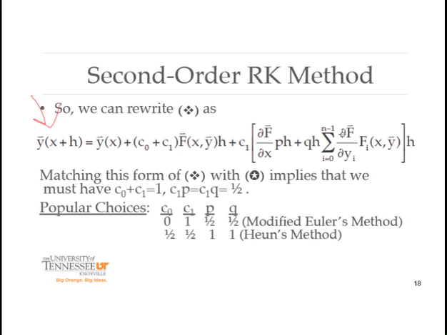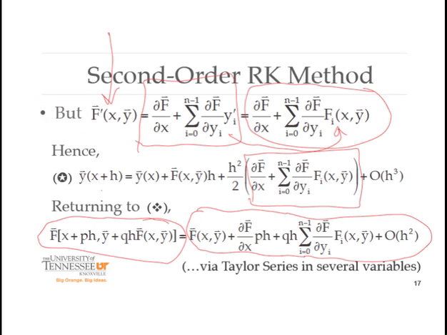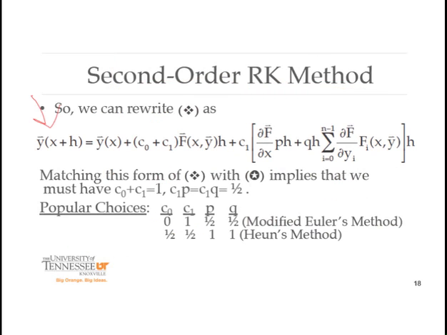So if you do the matching between this particular representation of the diamond equation and the star equation that we had earlier, if you print this out and look at them, and compare the star equation with what we've now rewritten the diamond equation to be, then with a little algebra you can show that there are relationships between these constants that have to hold.